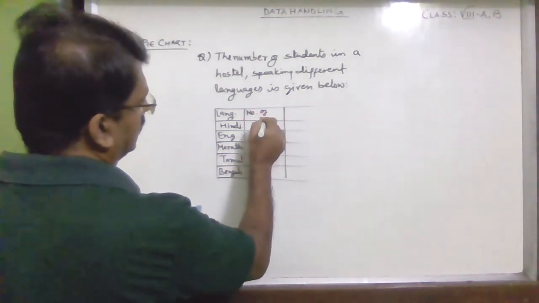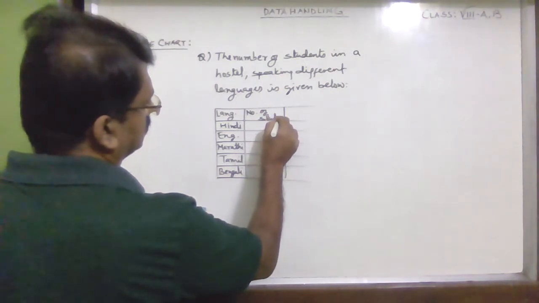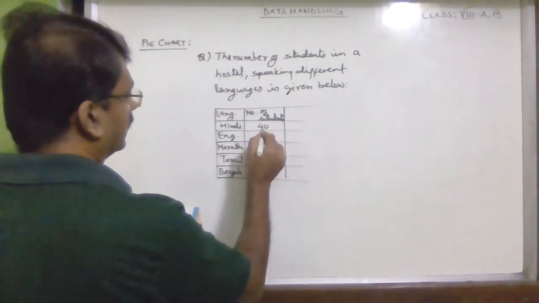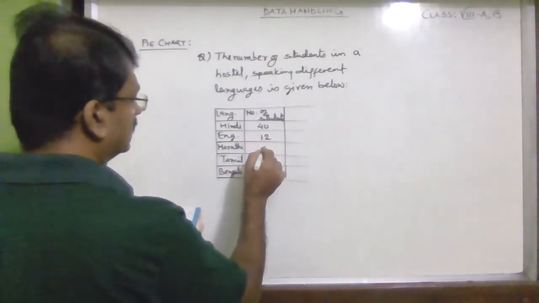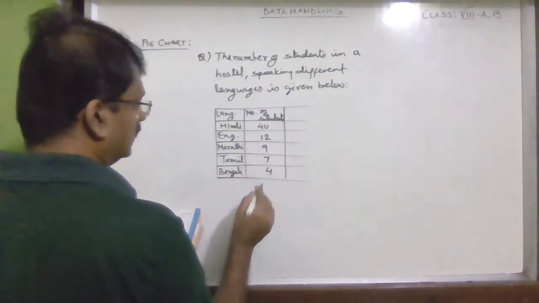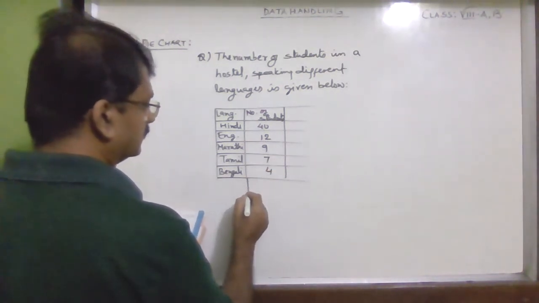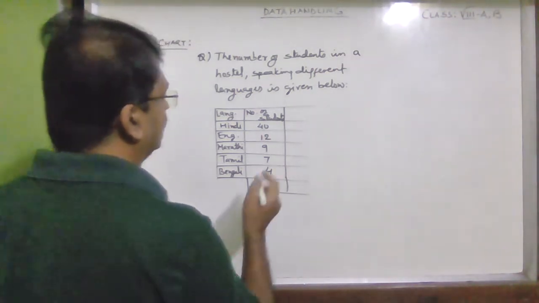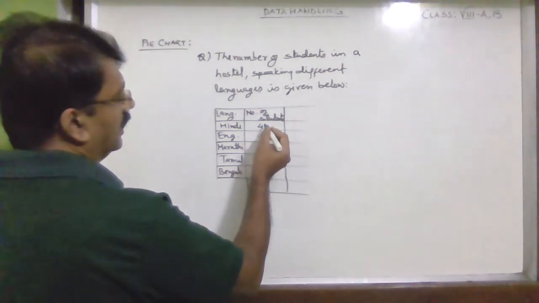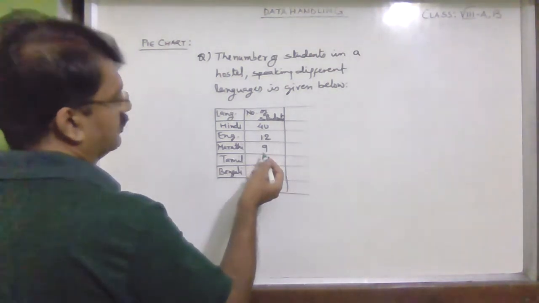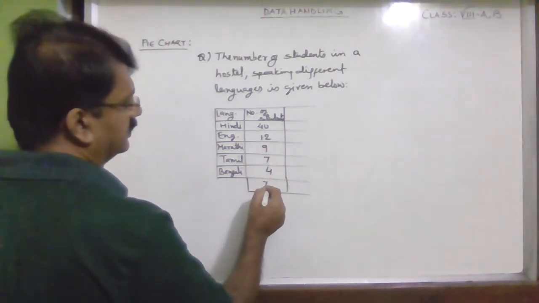Number of students: 40, 12, 9, 7, 4. And if you find the total, 40 and 12, 52 and 9, 61 and 7, 68 and 4, 72.